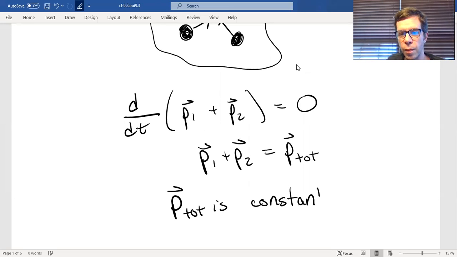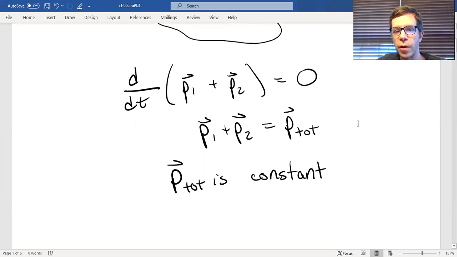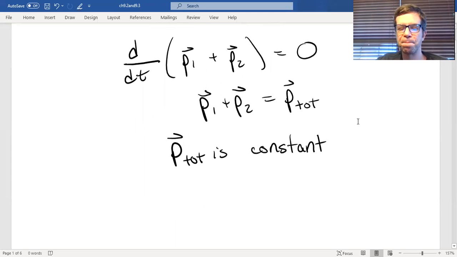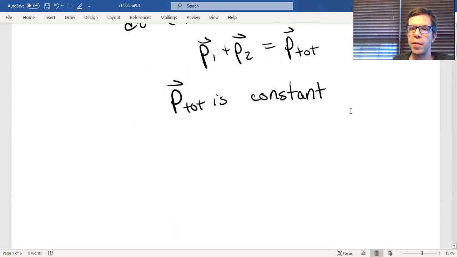Okay. So we talked about this a little bit in the last section, but this is just another way of presenting it. We're now talking about the total momentum. All right, if the total momentum is a constant, what does that mean about the change? Well, that means that the change in the total momentum is 0.